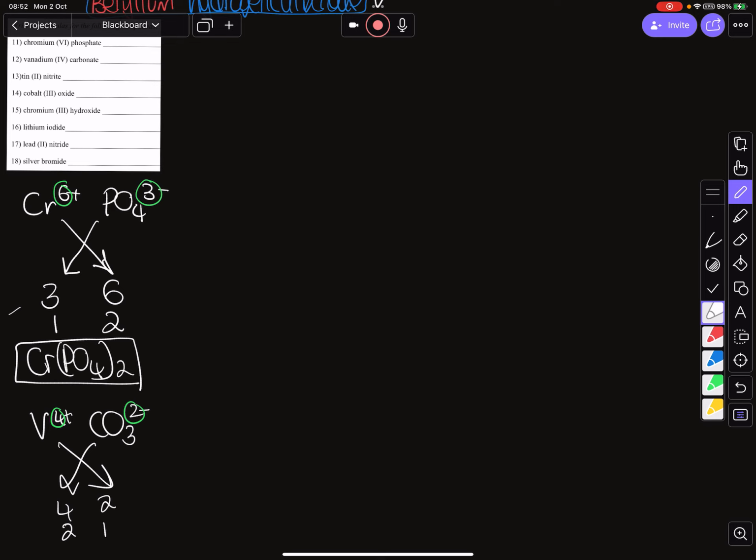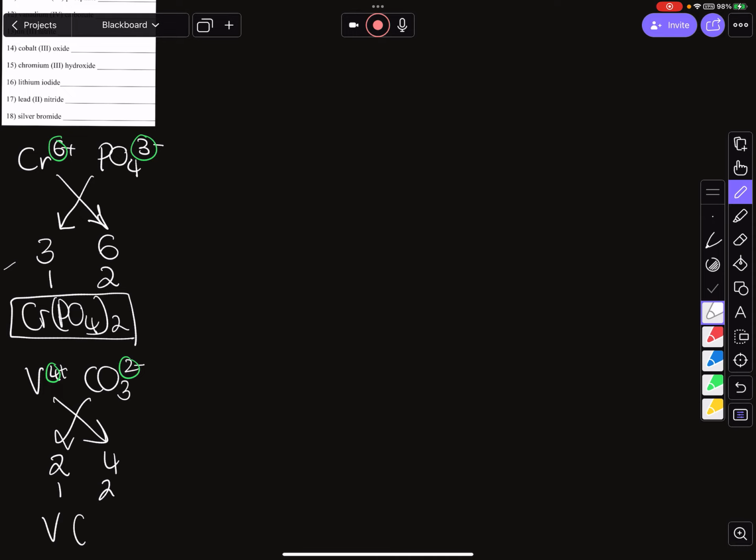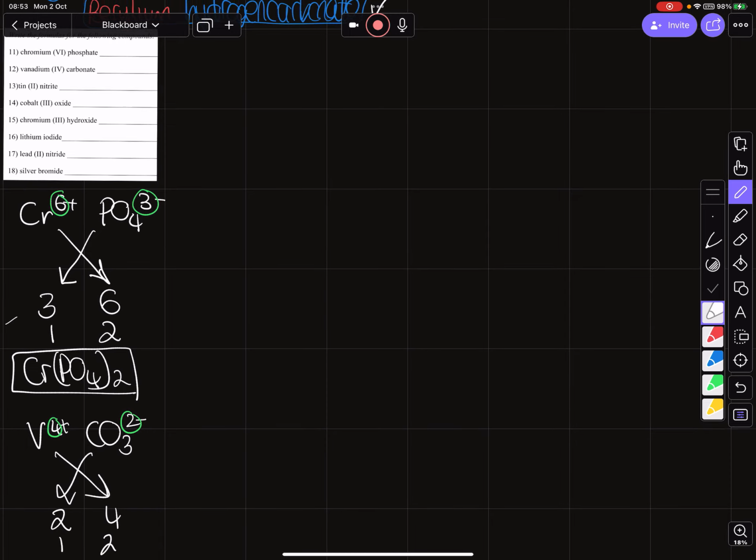I've written that wrong, haven't I? Okay, we just get rid of this part and we speak again. So when I drop down, I'm dropping down a 2 and a 4, which simplest ratio is a 1 and a 2. So this becomes V(CO3)2, with the CO3 in brackets, and there's 2 of them.